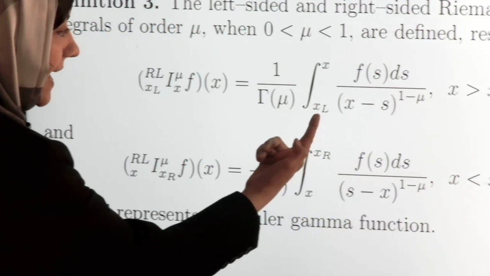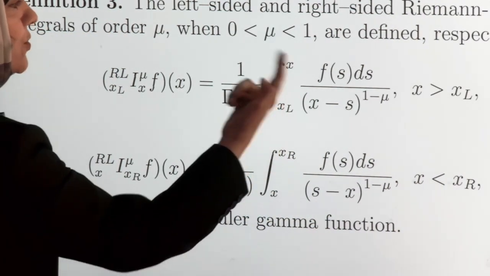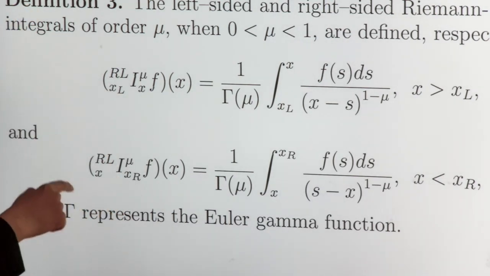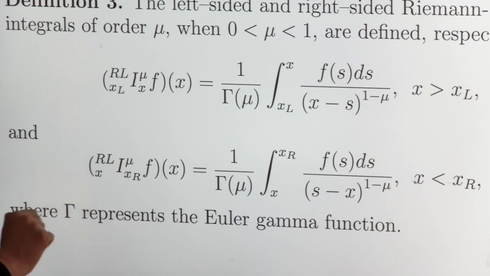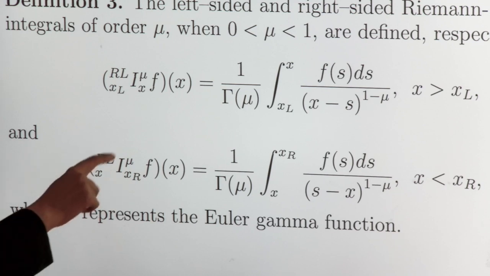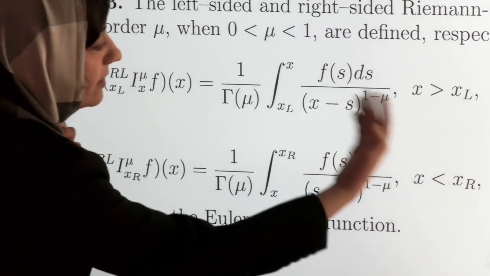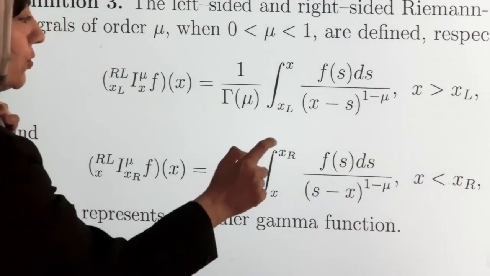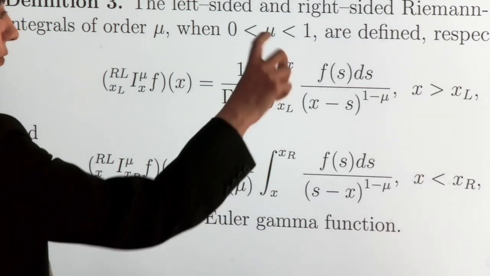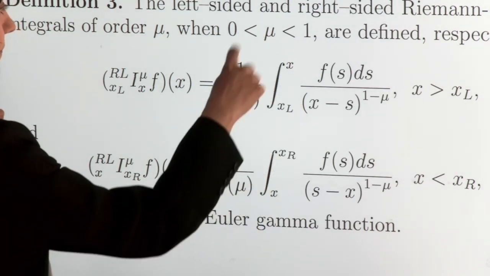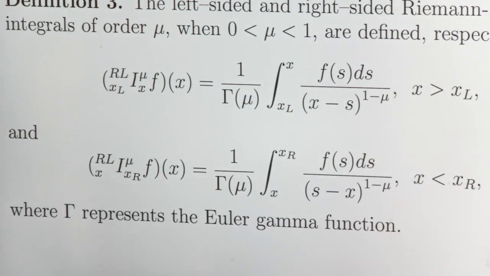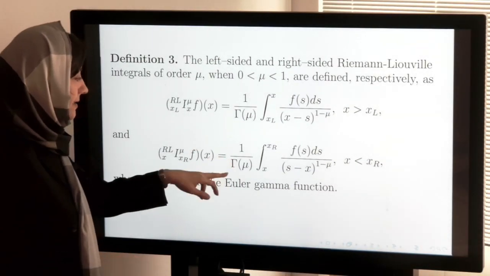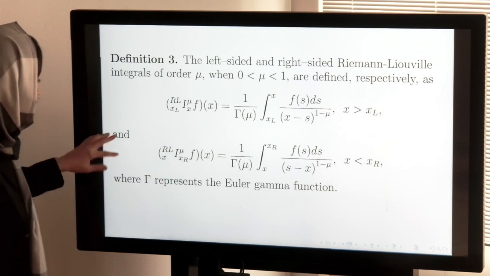Here we have the integral from xl to x. And the right-sided Riemann-Liouville integral of order mu can be obtained from this equation, the integral from x to xr. So we have here the bound for the integral like this. And we know that gamma here is the gamma function.